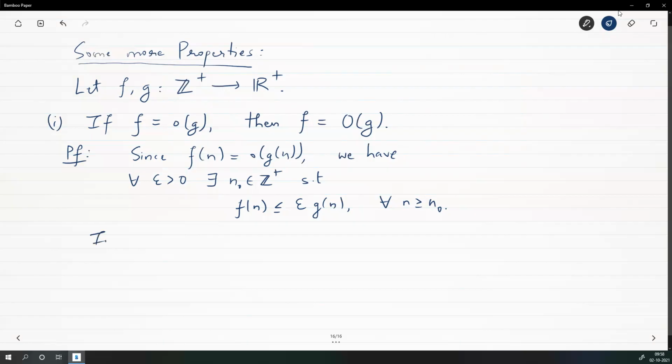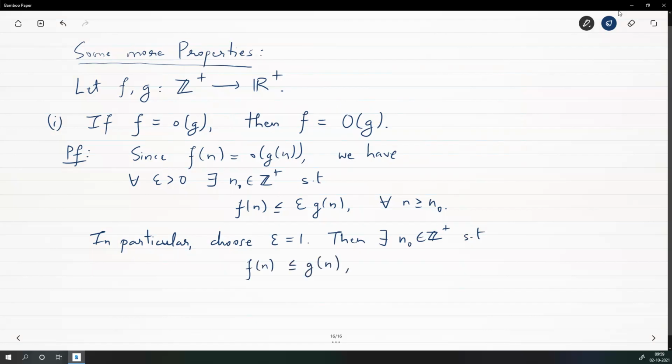In particular, choose epsilon equal to 1. Then there is an n naught. Note that the n naught depends on the choice of the epsilon. So we chose epsilon equal to 1. According to that, there is an n naught, a positive integer, such that f of n is less than or equal to 1 times g of n.